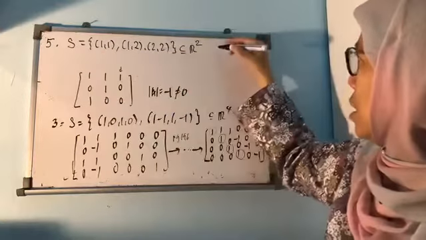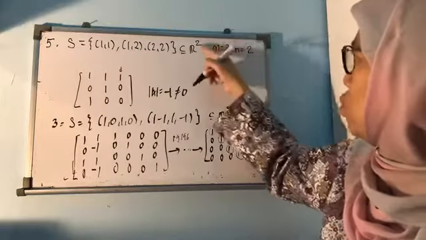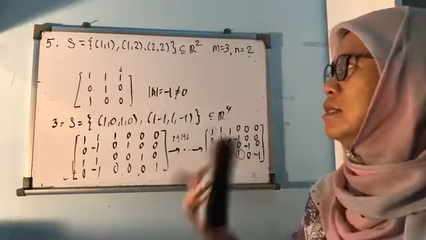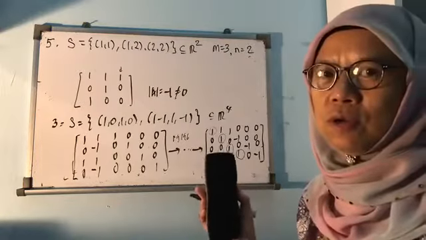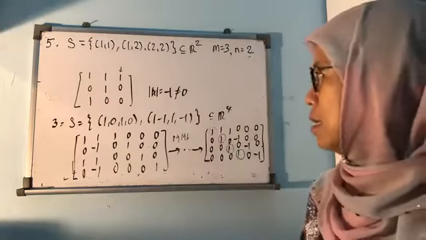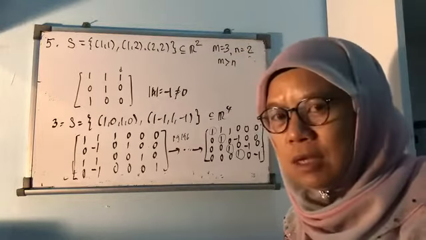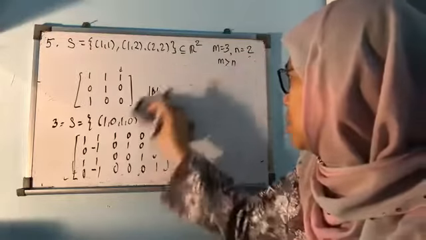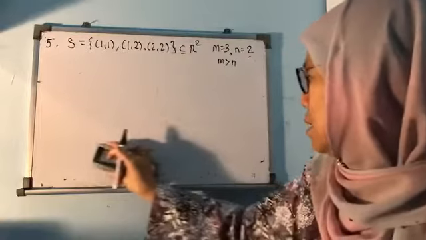So it's R2. In this case, M is 3, but the dimension is 2. Okay, so in this case, it's too much, meaning I'm not sure whether it spans or not. You have to check. Because M bigger than N does not necessarily mean it spans. But definitely it's not linearly independent. So I know it is not a basis because it is not linearly independent.